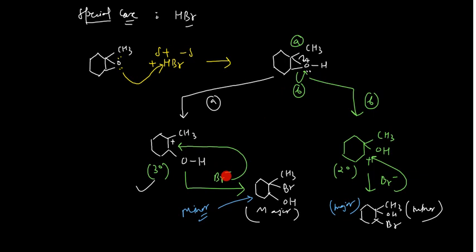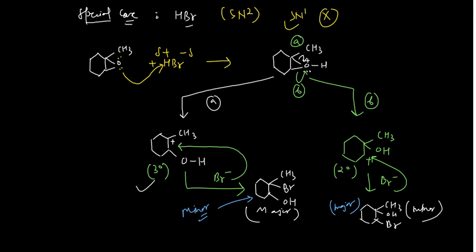It will try to search for the position which is less sterically hindered, so it will attack from here. When it attacks from here, it follows this particular path and this becomes major. So though it is an acidic medium, it follows a mechanism just like SN2, not SN1. It is not following the SN1 kind of mechanism in that case.